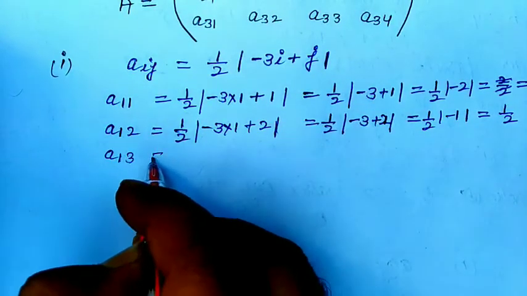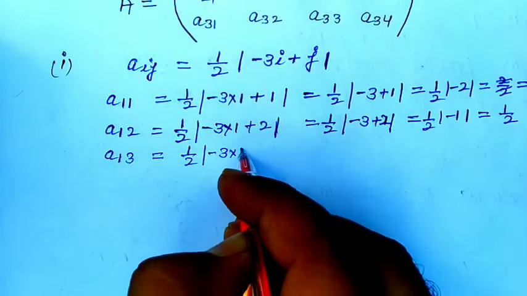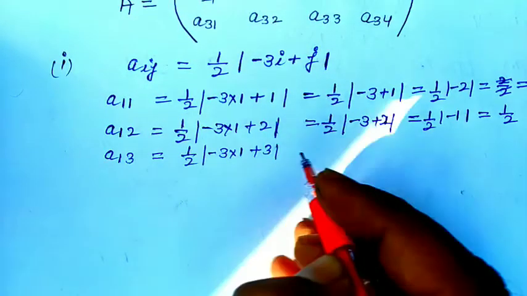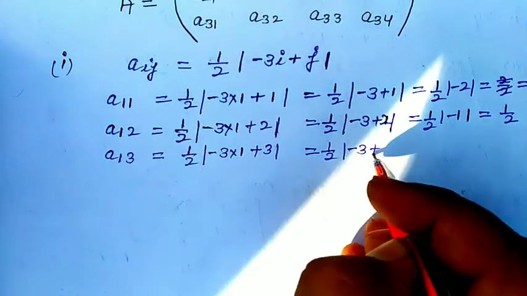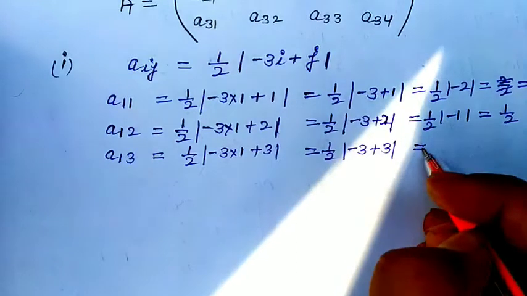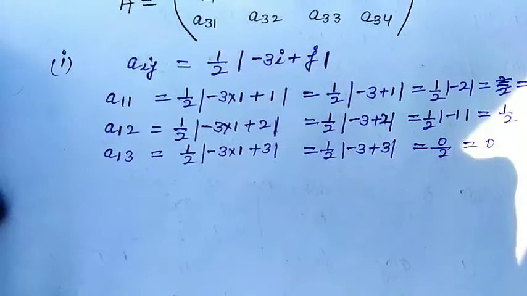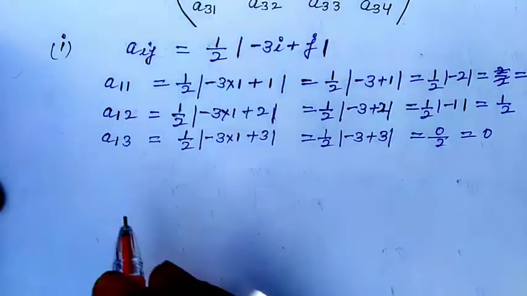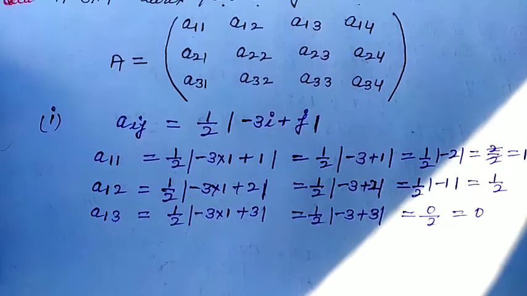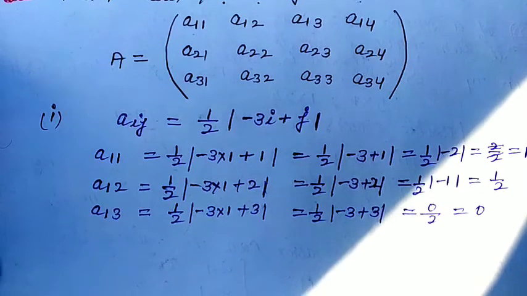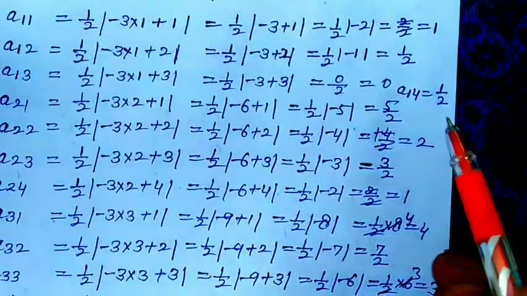For A13 we have 1 over 2 modulus of minus 3 multiplied by 1 plus 3, so minus 3 plus 3 we have 0 over 2 equals 0, isn't it? Similarly we can find all of A21, A22, A23, and A14, which is 1 over 2.